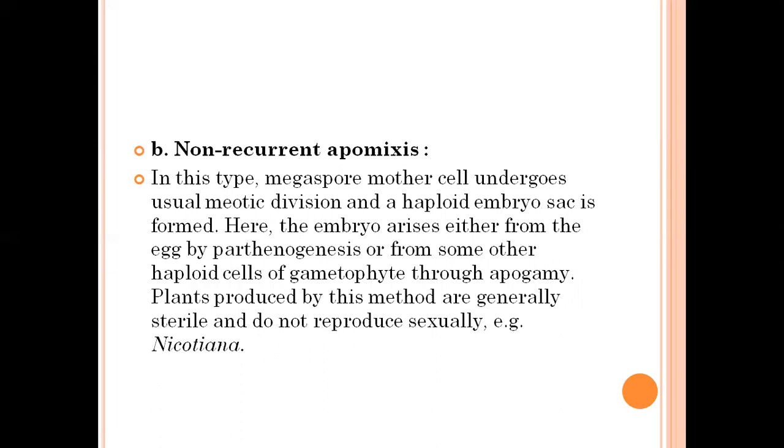Non-recurrent apomixis means that in this type, the megaspore mother cell undergoes the usual meiotic division and a haploid embryo sac is formed, the same as the method we have already studied. Here, the embryo arises either from the egg by parthenogenesis or from some other haploid cells of the gametophyte through apogamy.